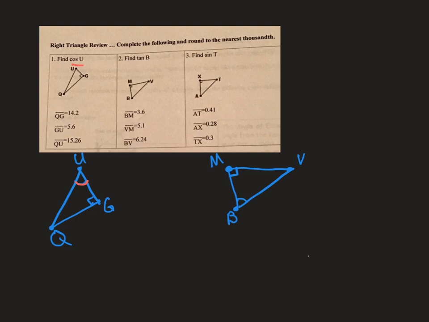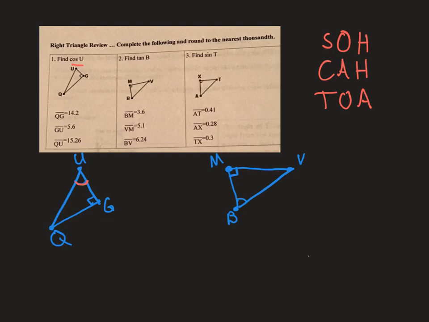And in order to find it, we need to go back to geometry and think about SOH, CAH, TOA. SOH means for sine, you need to look at the opposite and the hypotenuse. CAH is cosine, you need to look at the adjacent and the hypotenuse. And TOA, you need to look at the opposite and the adjacent.